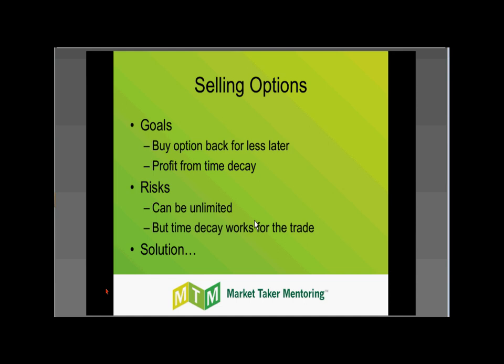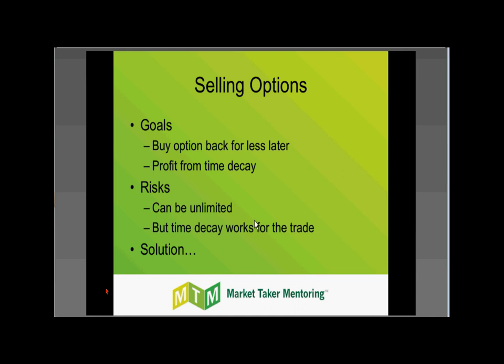Here's the potential detriment, or the risks. Whenever you sell an option, the most you can possibly make is the price you sold the option for. So, for example, if you sell a call for $2, the most you can make is $2 a share. For securities options, that's $200 of cash, but that's it.